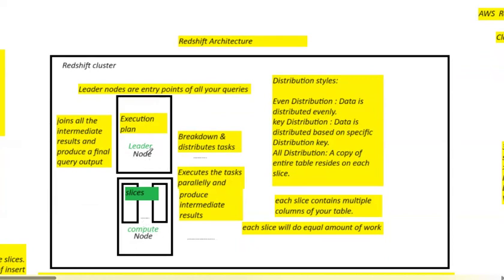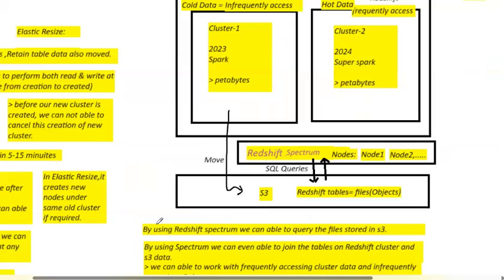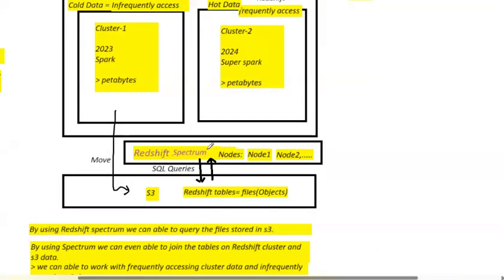So this leader node creates an execution plan, which will contain details about where our query needs to be executed, and this leader node also breaks down our tasks and distributes them. So to where will it distribute? Not to the main cluster, but to the Redshift Spectrum nodes.